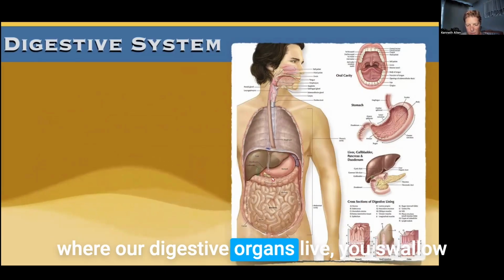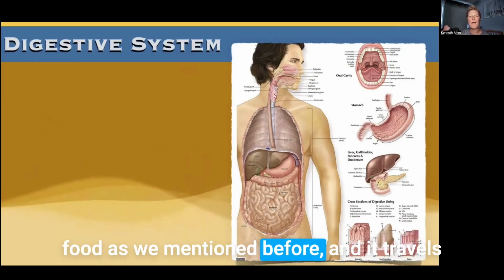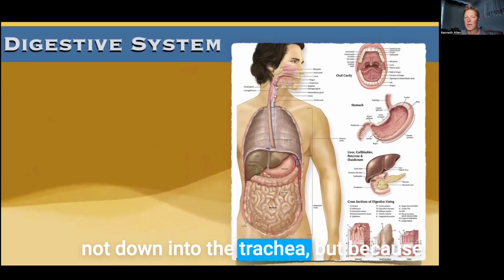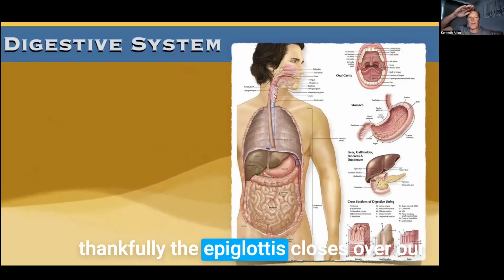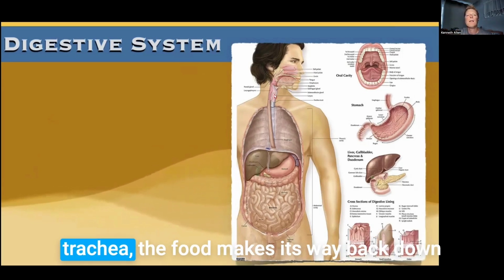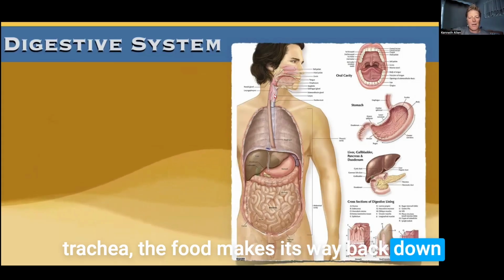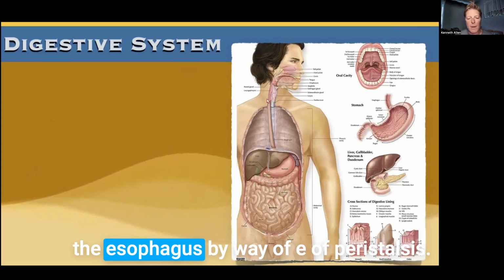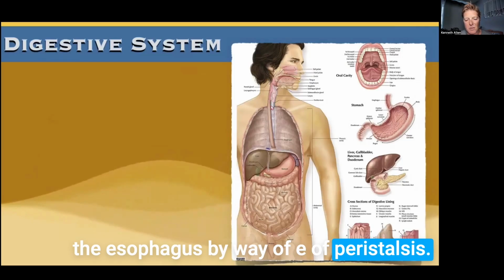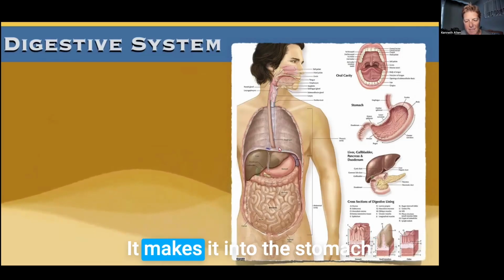You swallow food, as we mentioned before, and it travels not down into the trachea, because thankfully the epiglottis closes over our trachea, the food makes its way back down the esophagus by way of peristalsis. It makes it into the stomach.